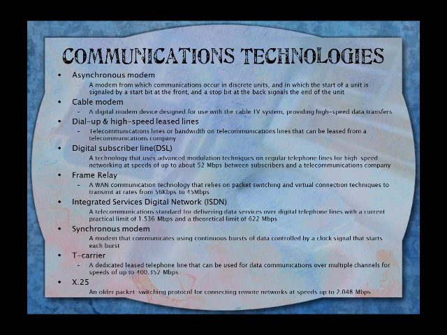The Digital Subscriber Line, or DSL, uses advanced modulation techniques on a regular telephone line for high-speed networking up to 52 megabytes per second between subscribers and a telecommunications company. Frame relay is a WAN communication technology that relies on packet switching and virtual connections to transmit at rates from 56 kilobytes per second to 45 megabytes per second.